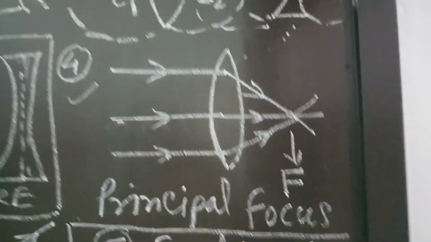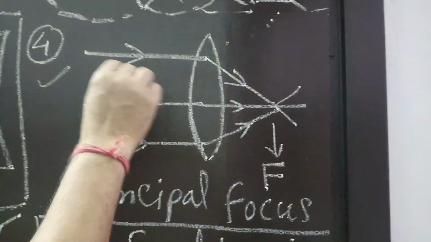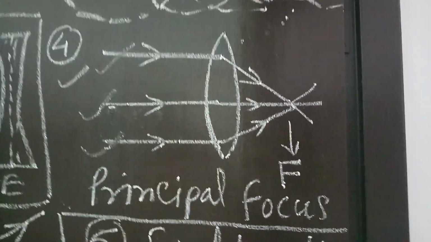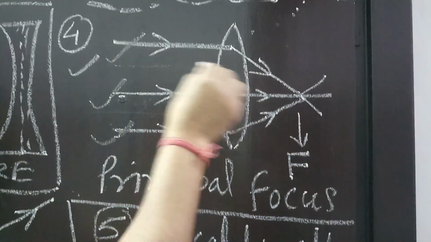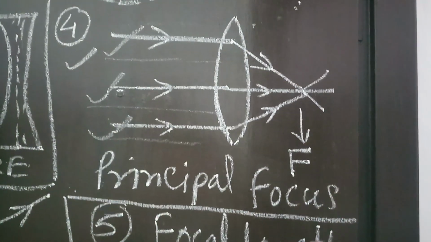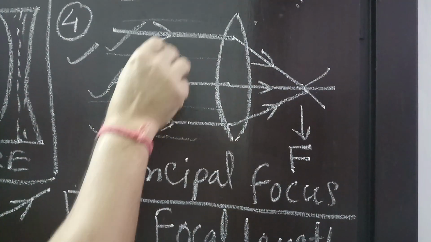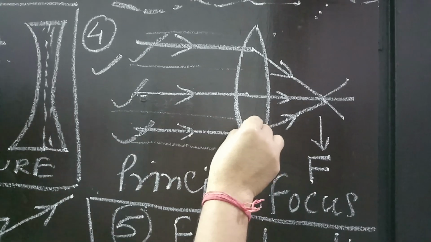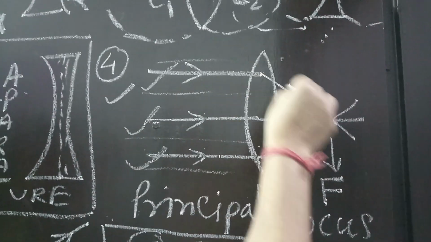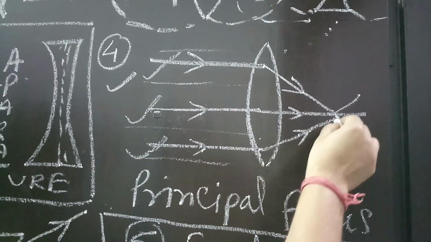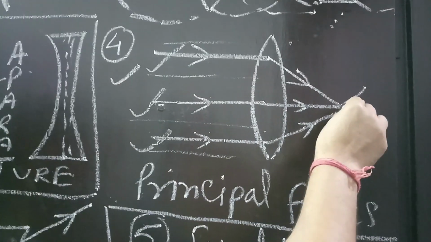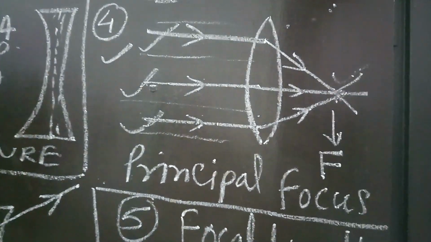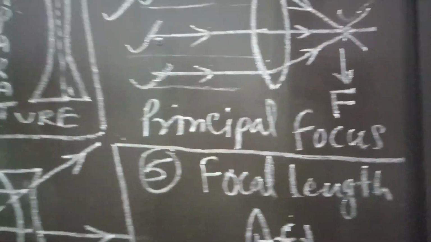Here you see that these rays are parallel. I have taken 3 rays; you can take more, as many as you want. When several rays parallel to the principal axis are incident on a convex lens, after refraction through the lens they meet at a point. This point on the principal axis is called the principal focus.